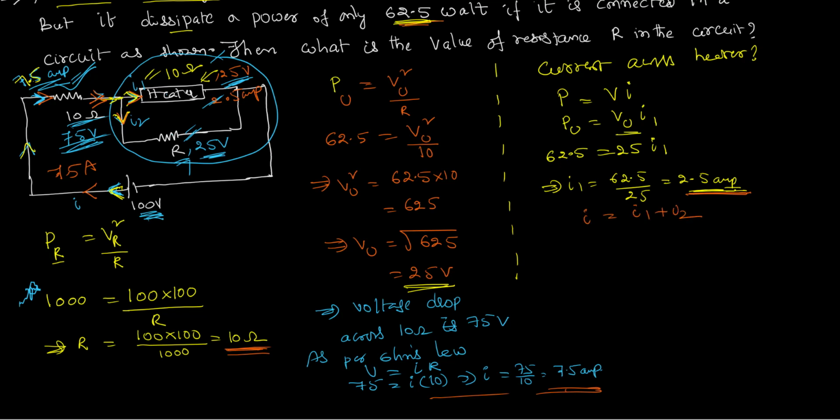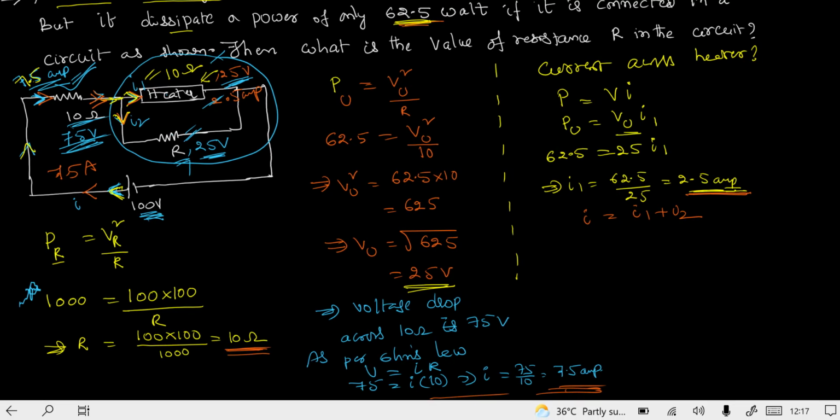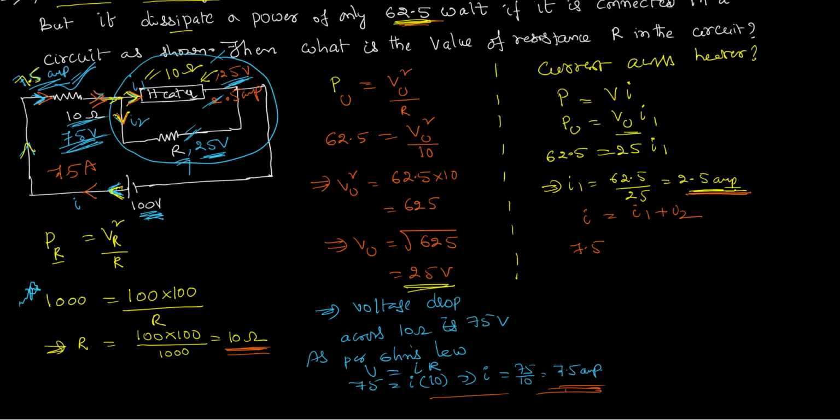The total current across the 10 ohms is 7.5 ampere. I1 across the heater is 2.5 ampere. That implies I2, that is across the unknown resistance of the problem, is 7.5 minus 2.5, that is equal to 5 ampere.